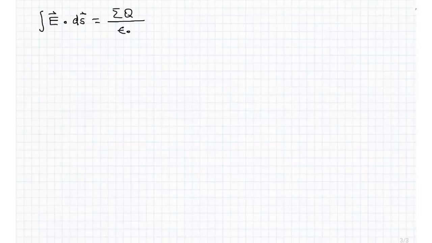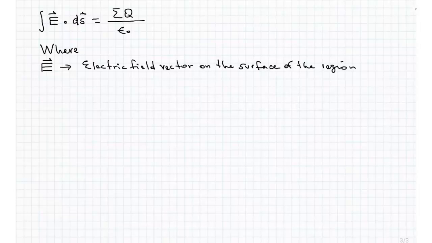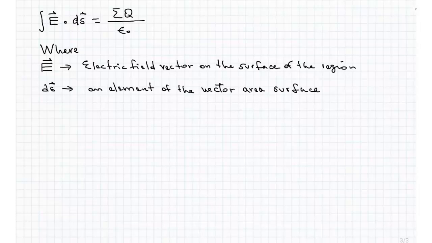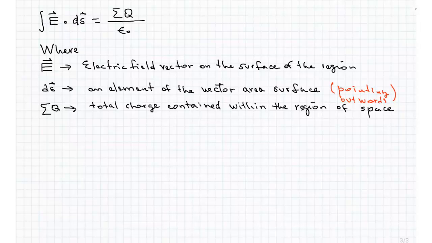Here E is the electric field vector on the surface of the region. dS is an element of the vector area surface, pointing outwards, and the summation of the charges is the total charge contained within the region of space.